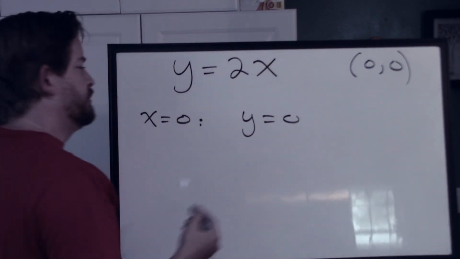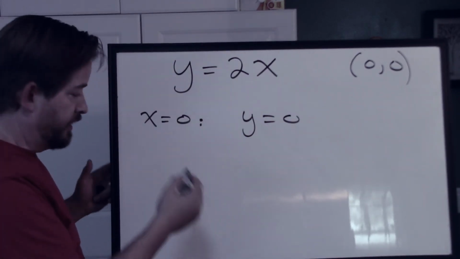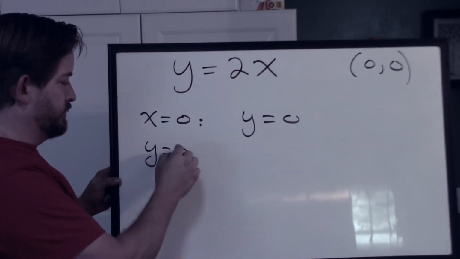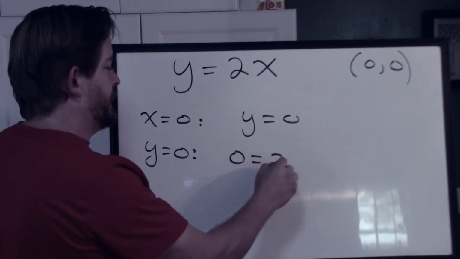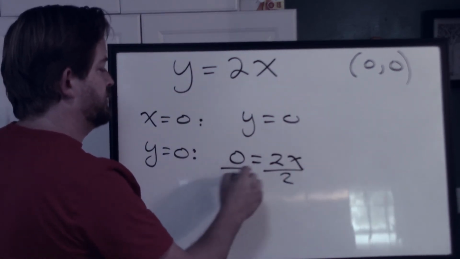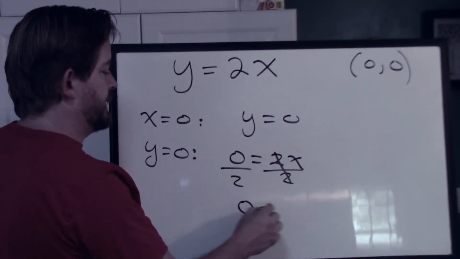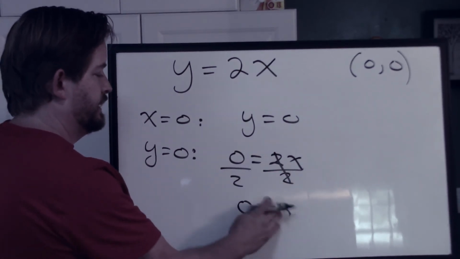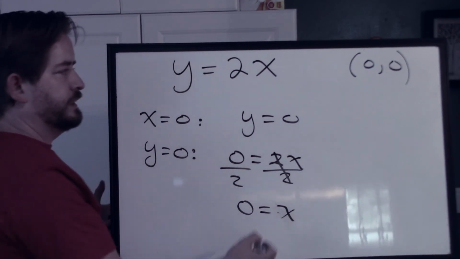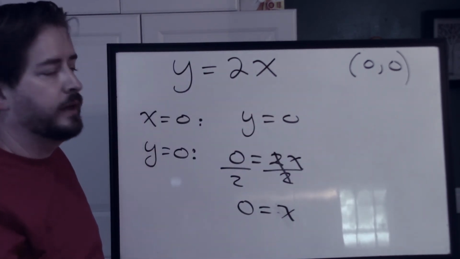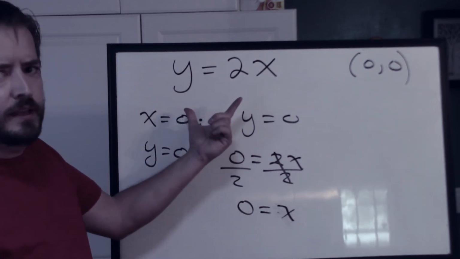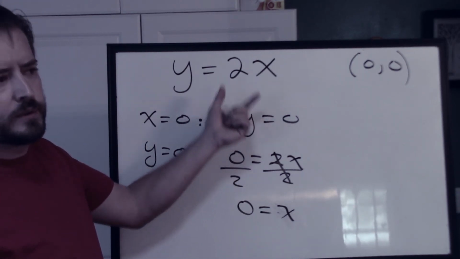But if I try to do the same thing and let y equal 0, that gives me 0 equals 2x, and if I divide by 2, I still get x is 0, oops. That's not a new point, that's the same point. X is 0, y is 0. So I don't have anything to help me with the second point.